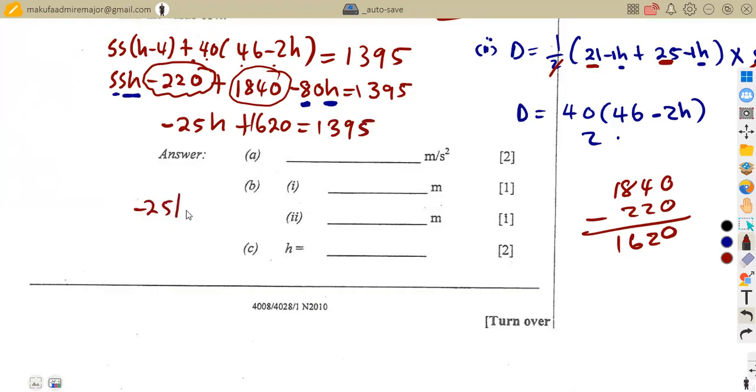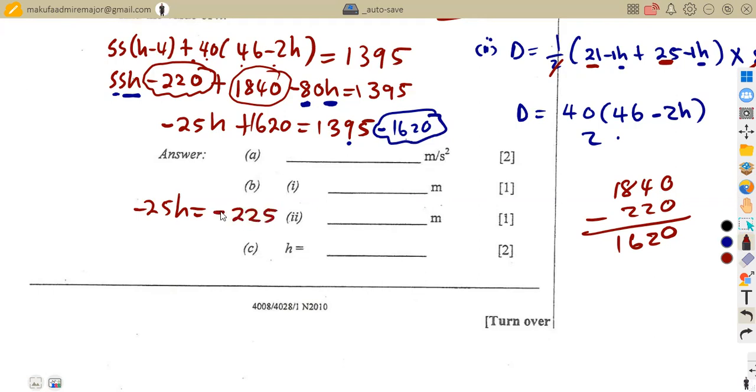So minus 25h was going to give us what? We transpose this, a positive to the other side is going to be a negative 1,620. So you're going to subtract 1,620 from this value. Definitely, as you can see, this is a smaller value and this is a bigger value. So you subtract the smaller value from the bigger value, and you get 225.